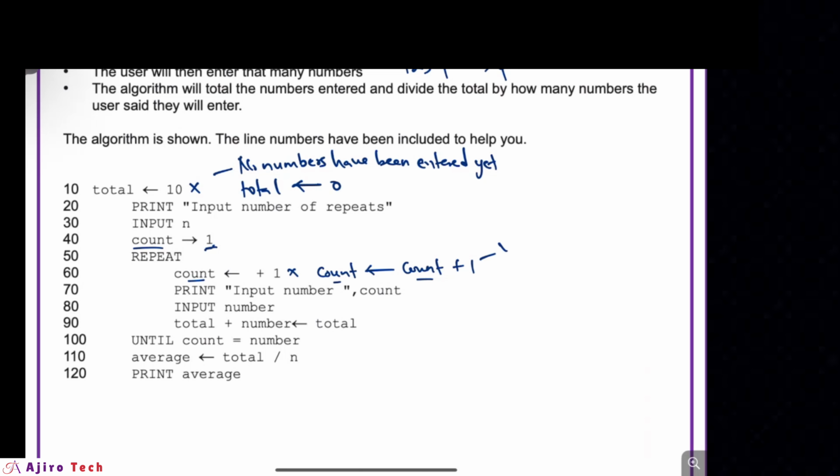So here we're saying that the variable must be updated. So you don't think this is the wrong one. So this one here, and then this one here.